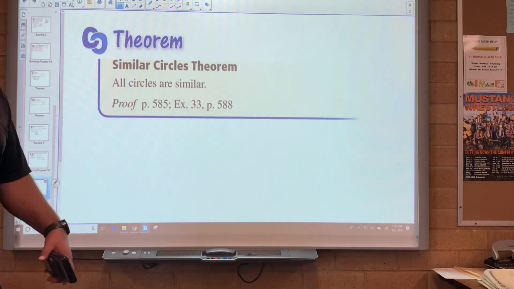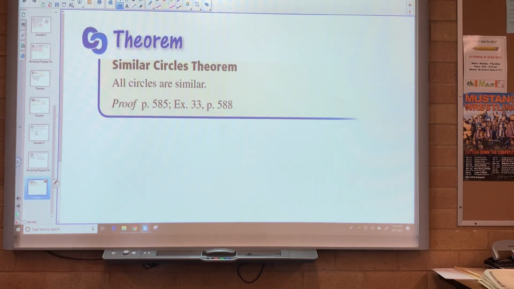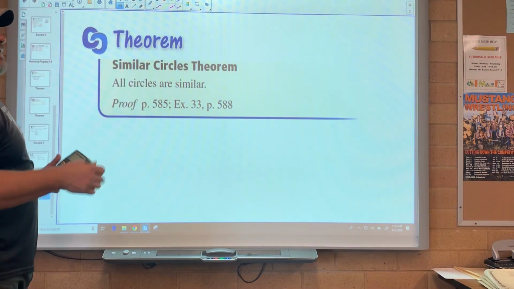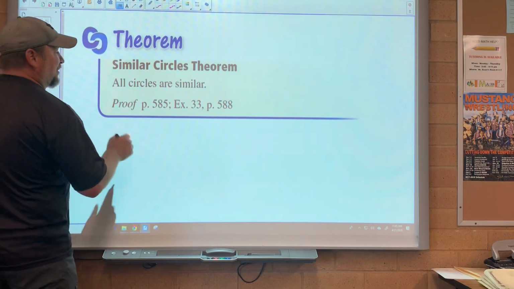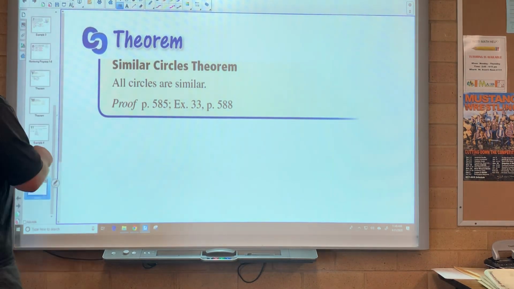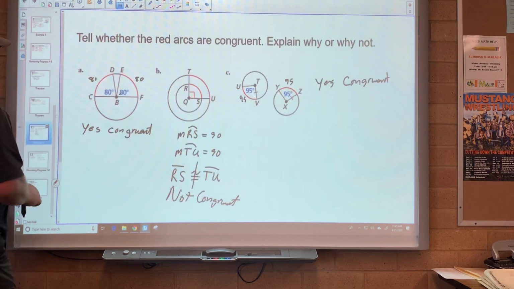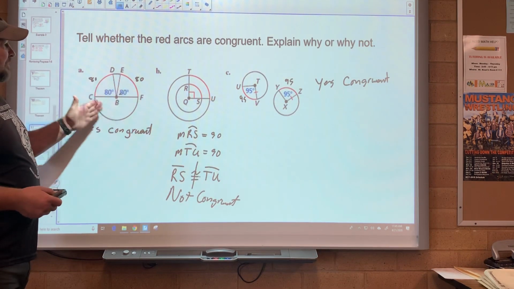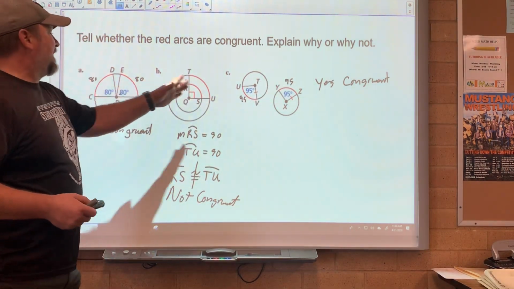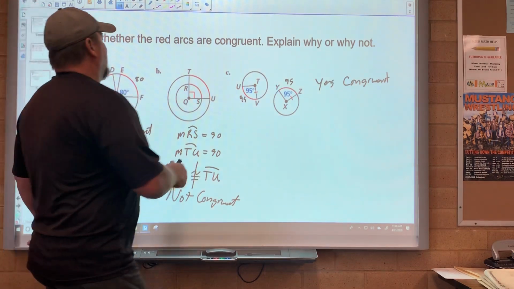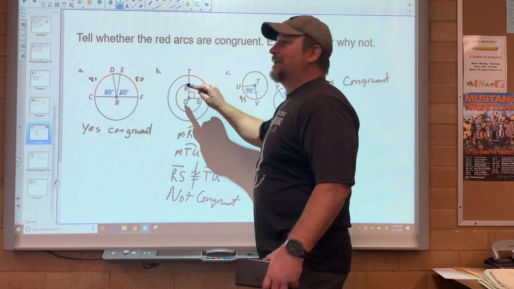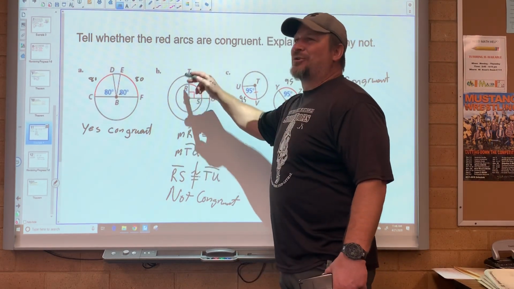And the last one is all similar circles. Circles are all similar because they have the same basic shape. Similar just means one shape's maybe bigger or smaller than another shape. So let's just look back at this problem for just a second. Definitely, this circle is similar to all the circles, but is it congruent to any of those? No. This circle on the inside is similar to the circle on the outside, but is it congruent to the circle on the outside?